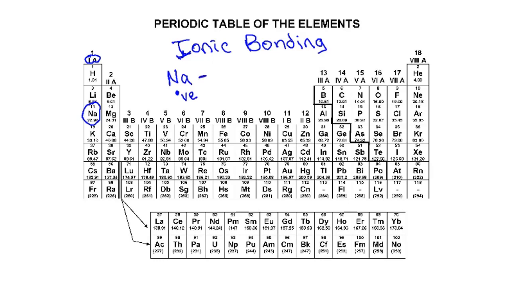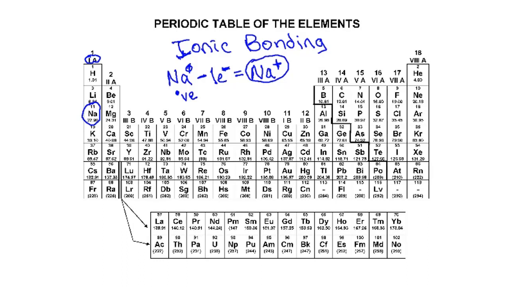So it's going to give away one electron to get rid of that extra electron in the outer shell. So if Na is normally 0 charge on the periodic table, but it gives away a negative electron, that's going to end up making it positive. So Na in its ionic state would be a cation.